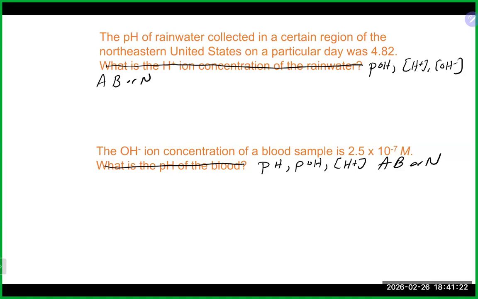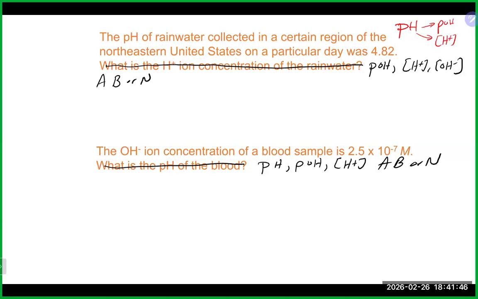Okay, so let's take a look and see. We'll start with the first one here. So we were given the pH here. Since we were given the pH, we really have two options since we're looking to solve for everything. We could definitely get the pOH from that. We could also use it to get the H plus concentration. So again, it's your call, whichever way you want to attack it first.